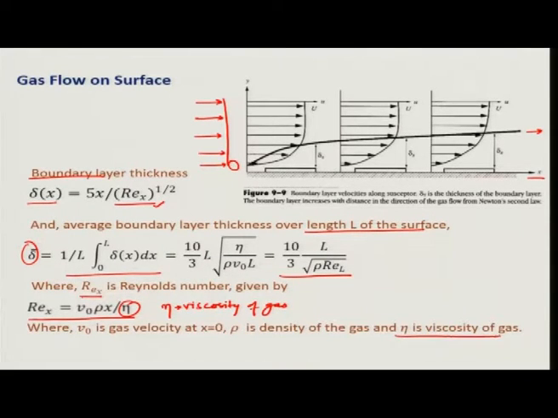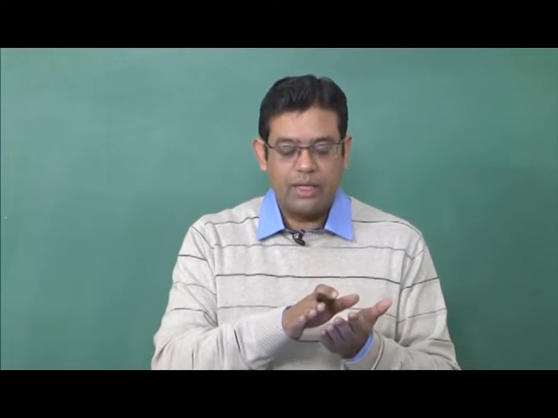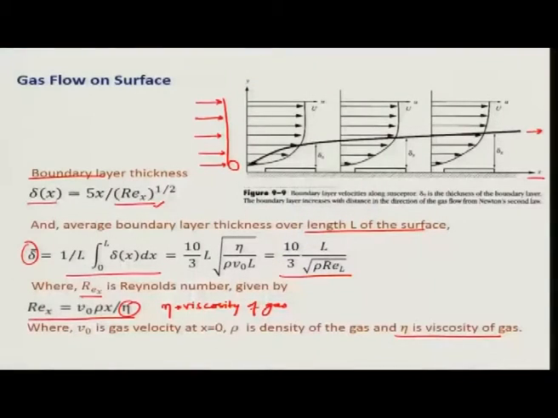Okay, it is here. So, if you have more viscous gas which resists the motion more severely, then you will have higher Reynolds number. If you have higher Reynolds number, you will have smaller boundary thickness. Okay.